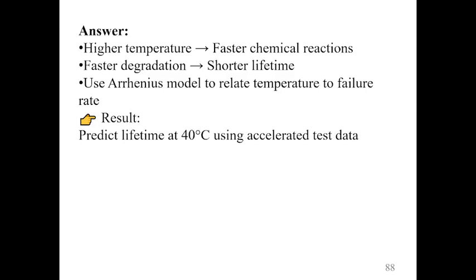The Arrhenius model provides a mathematical relationship between temperature and failure rate, allowing us to extrapolate results from accelerated conditions back to normal conditions. This approach significantly reduces testing time while maintaining realistic failure mechanisms.